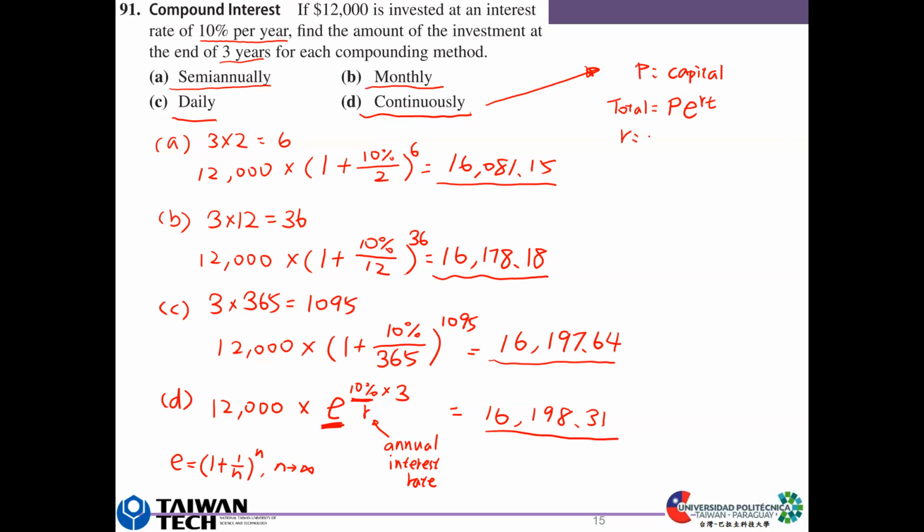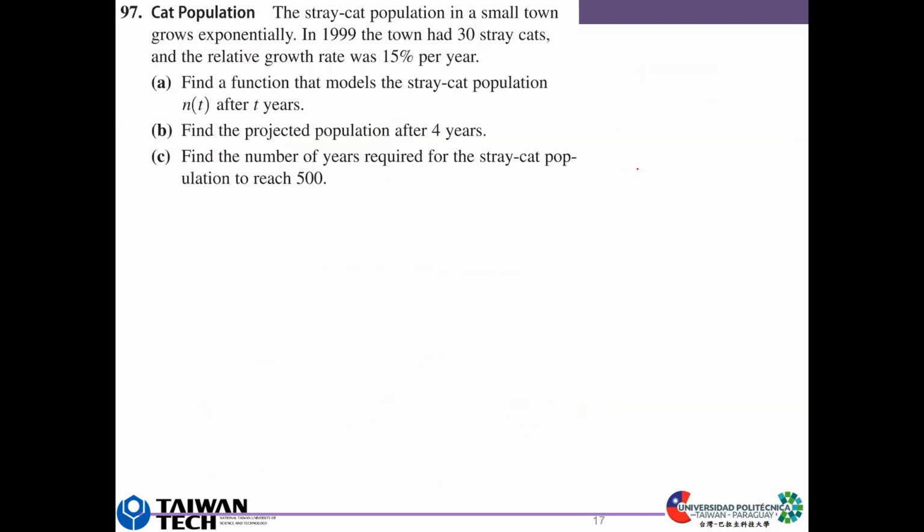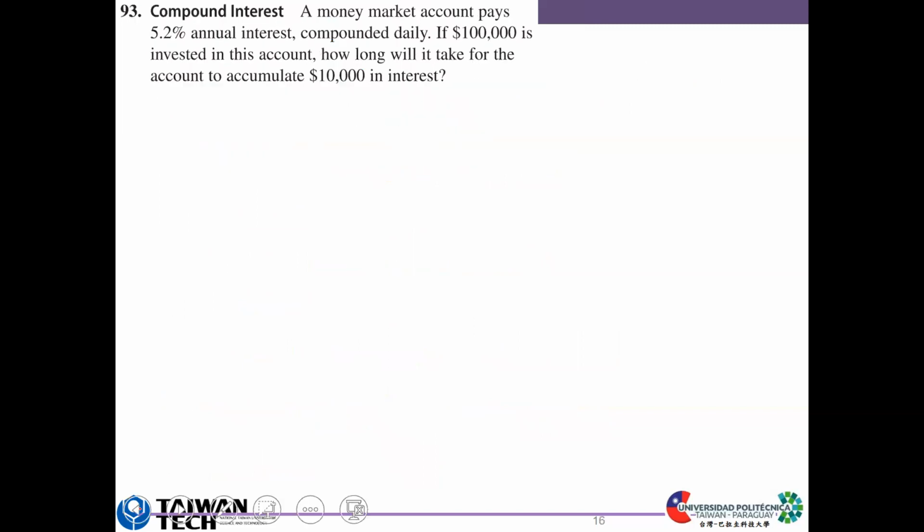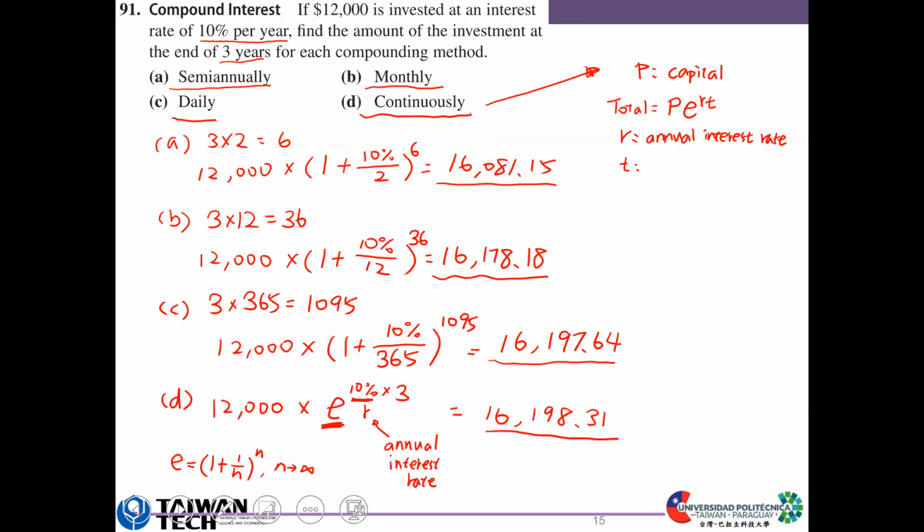R is the annual interest rate, and T is the number of years. Okay, so you have to memorize this.